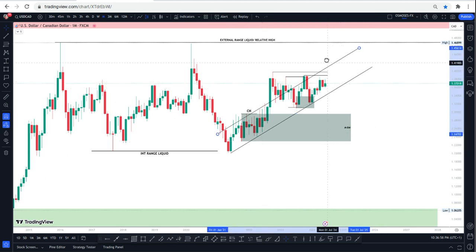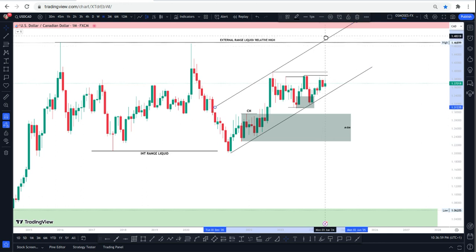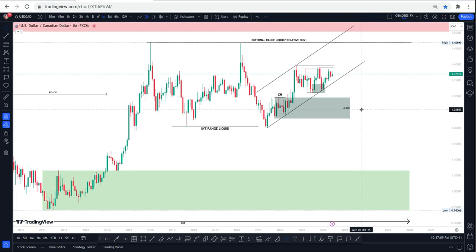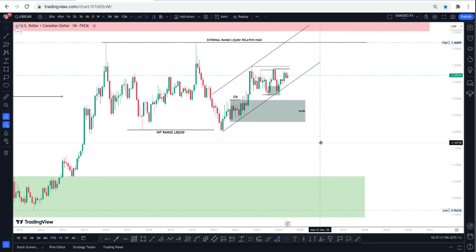So where am I expecting this to go? So you can see this is even the best trend to have. So price is ascending upward. This is a high, a higher low. So we're expecting a high.